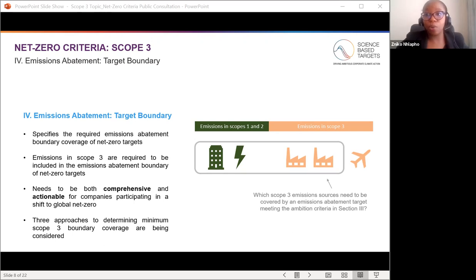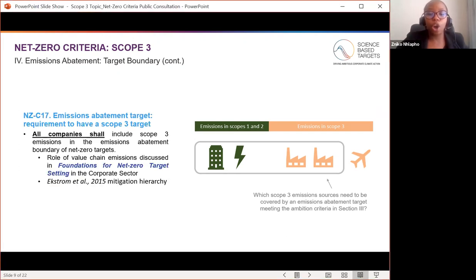Specifically for Scope 3, the abatement boundary of Scope 3 net zero targets needs to be comprehensive and also actionable for companies in a societal shift to global net zero. The SBTi criteria requires most companies to cover at least 67% of their emissions in Scope 3, as well as meeting other sector-specific boundary coverage requirements.